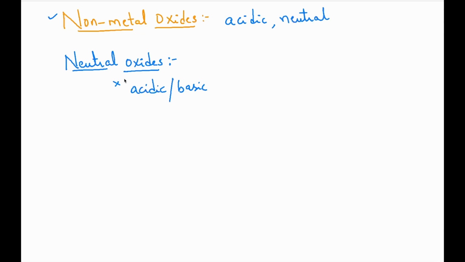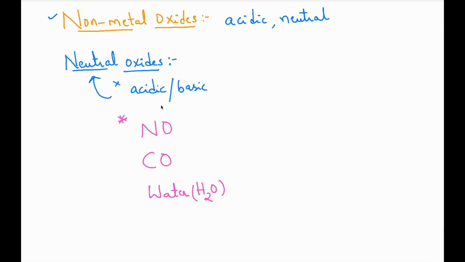So it is also possible for an oxide to be neither acidic nor basic, and instead it is just a neutral oxide. Some important examples of neutral oxides include nitrogen monoxide, carbon monoxide, and water. These are three important examples for neutral oxides: nitric oxide, carbon monoxide, and water.